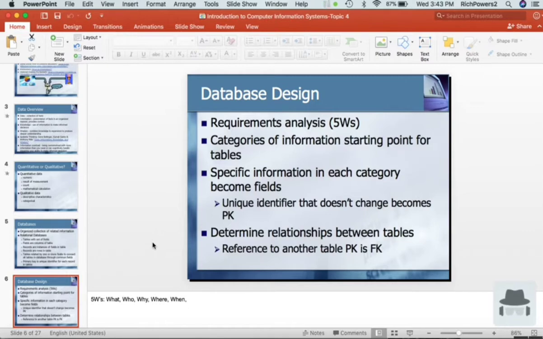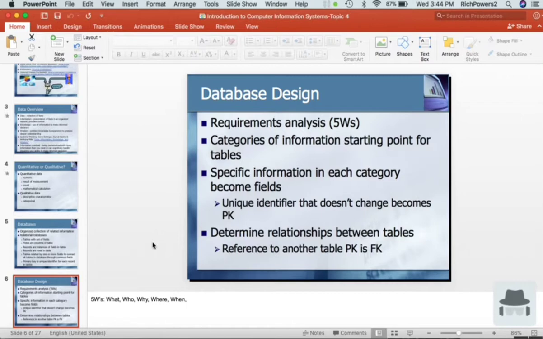In database design, we talk about the requirements analysis of a database. The fundamental thing to think about with databases is that there are rules, and in order to establish these rules, there is a design process. The first part is the requirements: who, what, when, where, why.